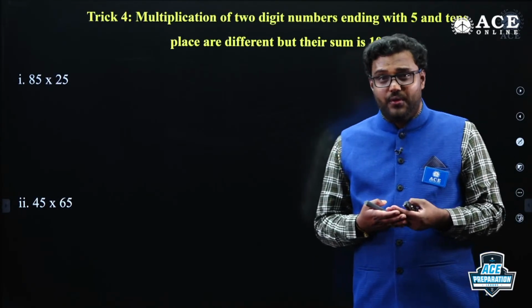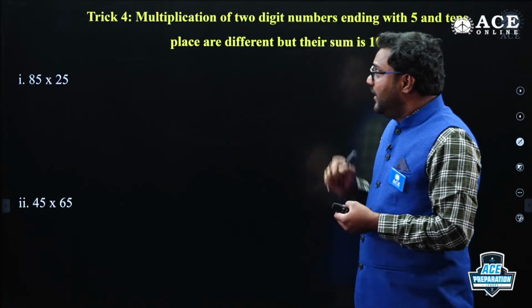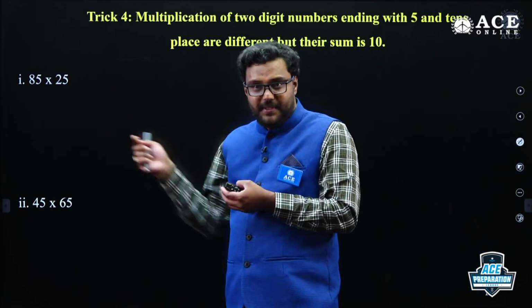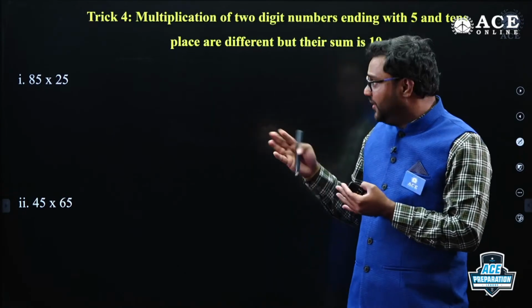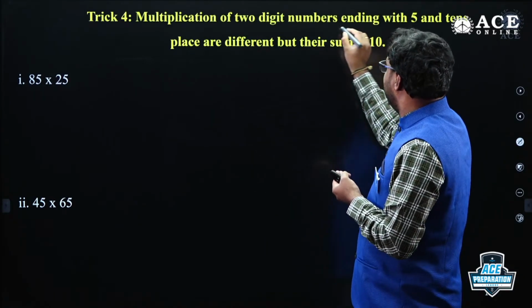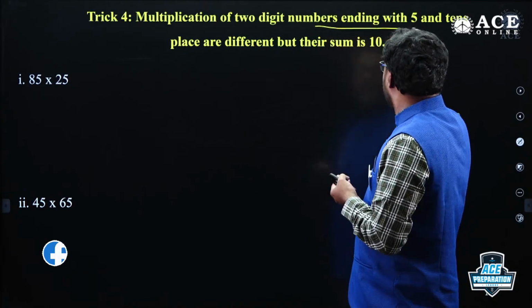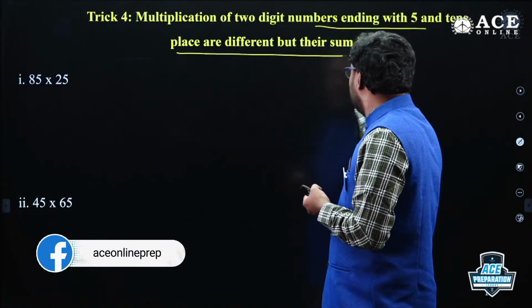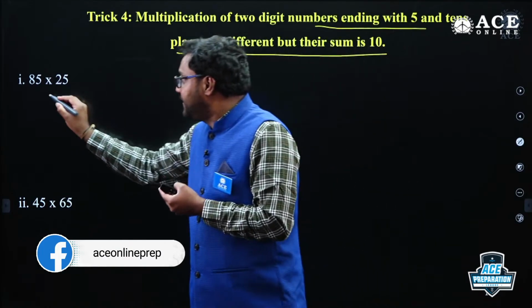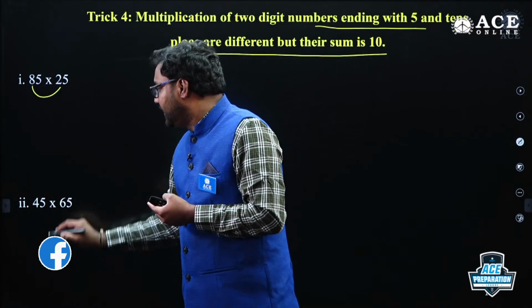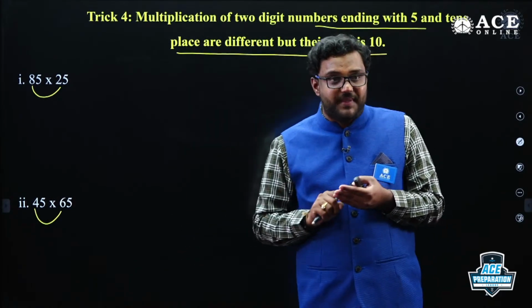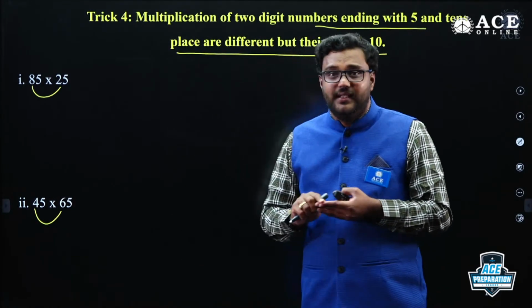Now trick 4 is, read the condition carefully, my dear friends. Multiplication of 2-digit numbers, like 85 into 25, both ending with 5. The condition is important: ending with 5 and tens places are different, but their sum is 10. Here 8 plus 2 is 10, 4 plus 6 is 10. Tens place summation must be 10, but both numbers are ending with 5.